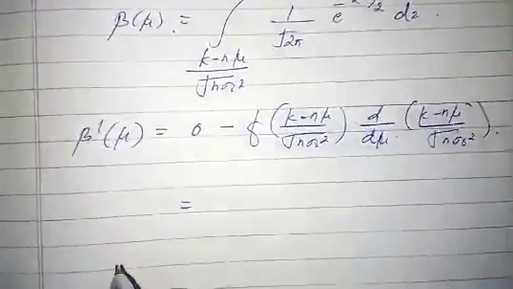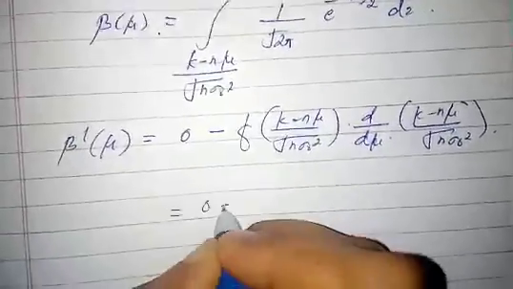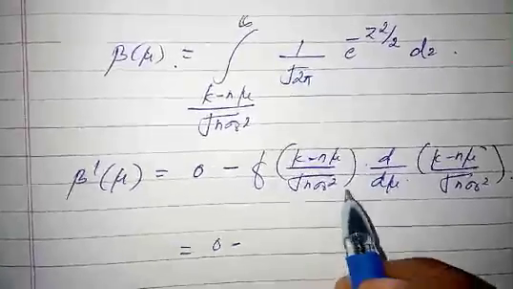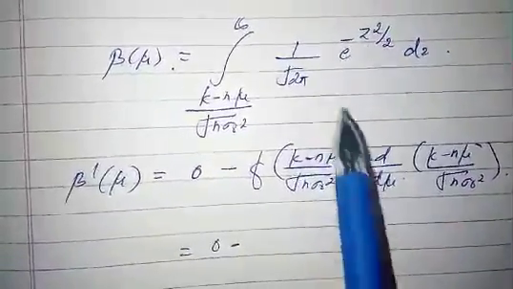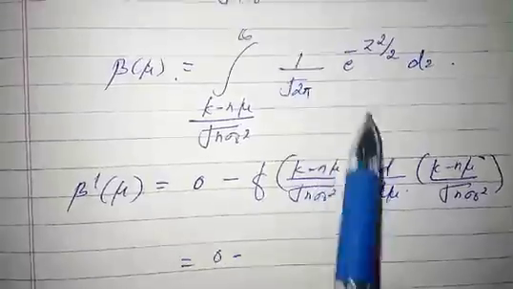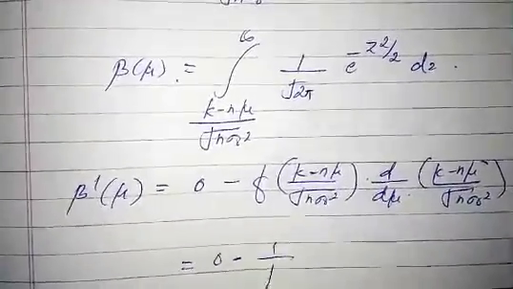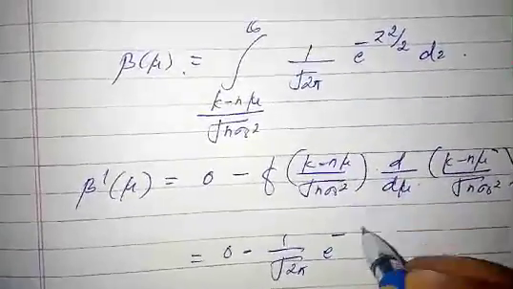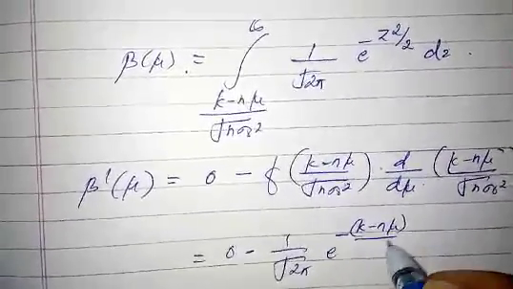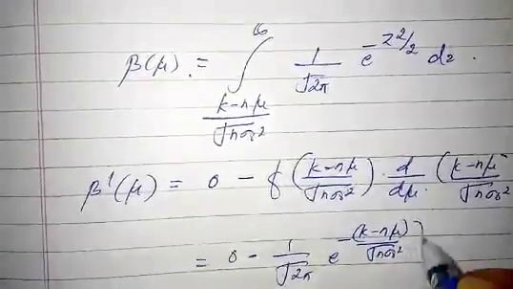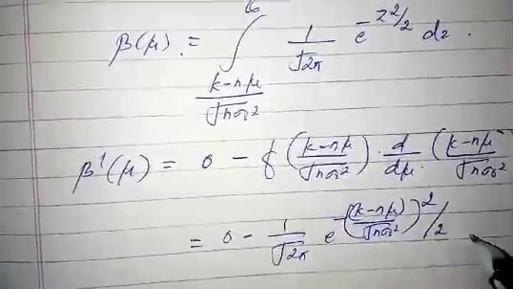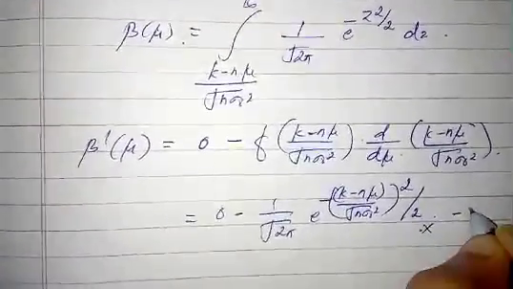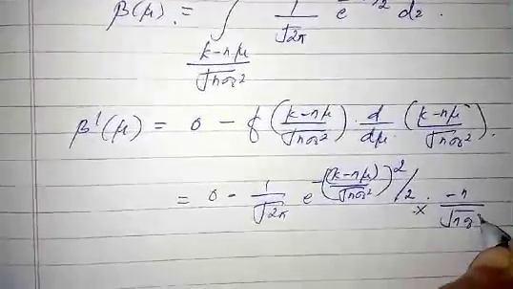Which is equal to 0 minus f of k minus n mu divided by square root of n sigma naught square. Here we have to substitute z as this value. It is 1 by square root of 2 pi, e power minus k minus n mu divided by square root of n sigma naught square, whole square, divided by 2, into this differentiation, that is minus n divided by square root of n sigma naught square, right?